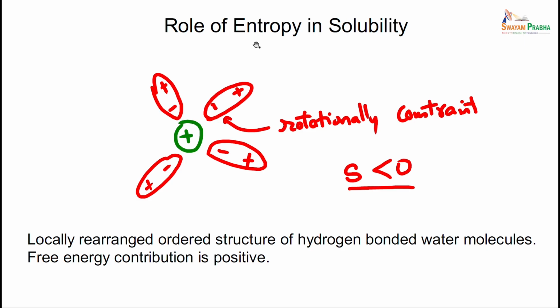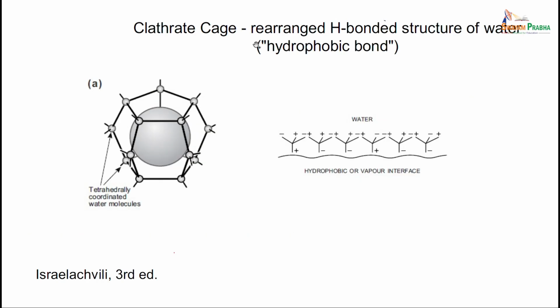More ordered is not favored, it should be more disordered, which will be favored. So this part helps to determine, for instance, structures like clathrate cages, where you have water molecules forming a cage with a different hydrogen bonded network than for bulk water around, say, a molecule of methane gas.